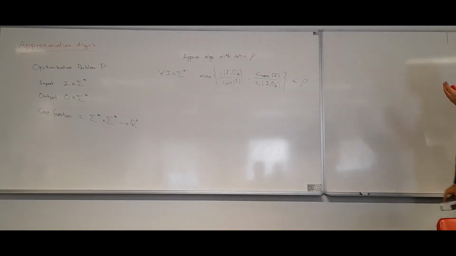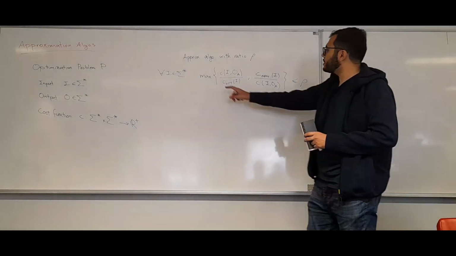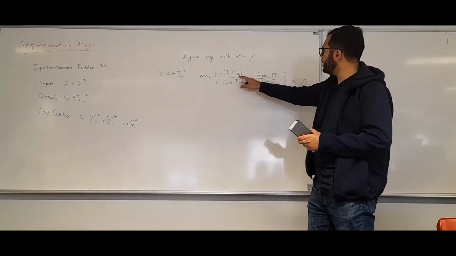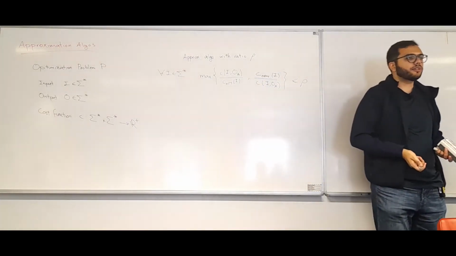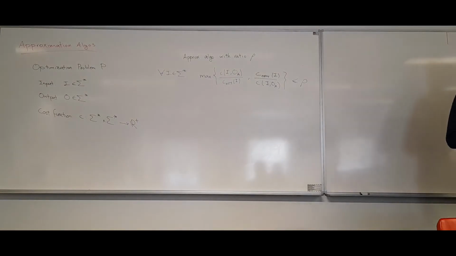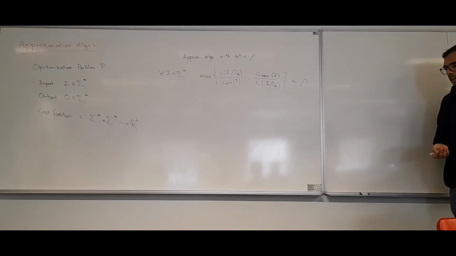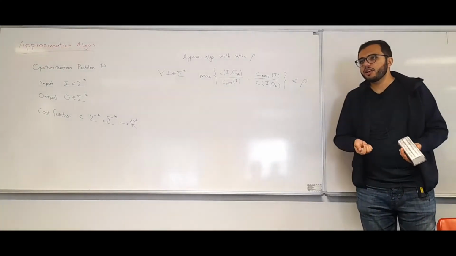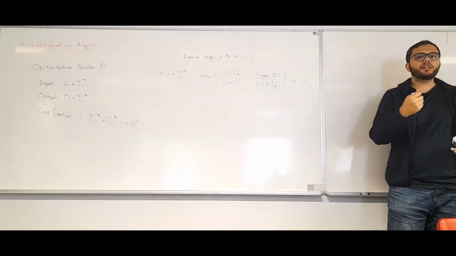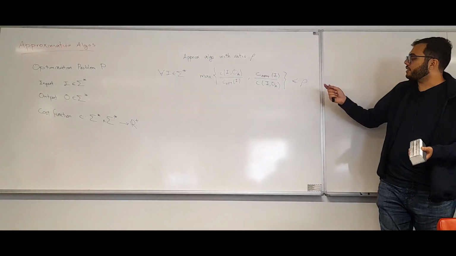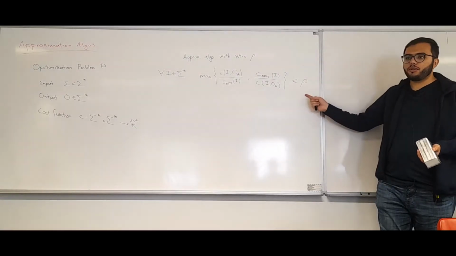But this is just defining a single approximation algorithm, which I called A, with approximation ratio rho. Usually what we're looking for is not just a single algorithm that gives us a single approximation ratio. We're usually looking for a family of algorithms. So usually what I want is that I give you some number rho, and I say, give me an approximation algorithm with ratio rho.